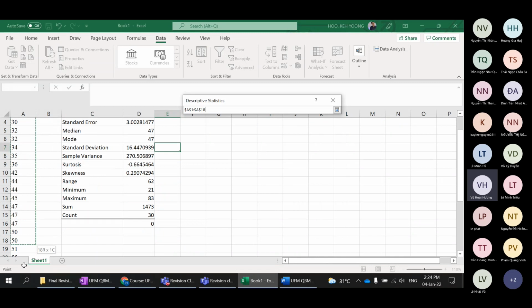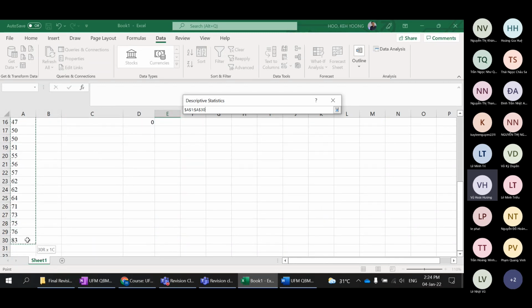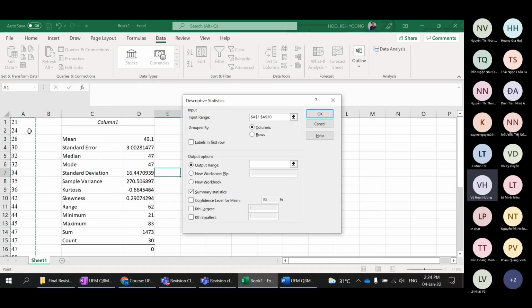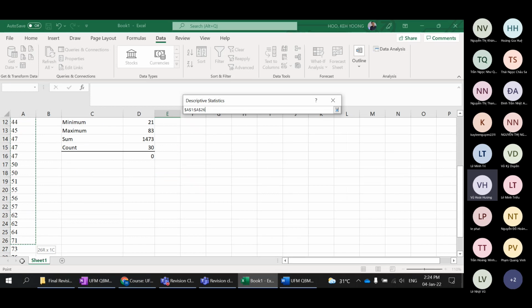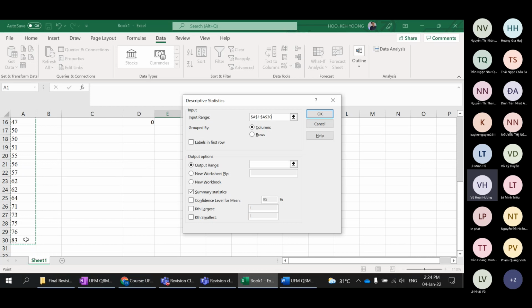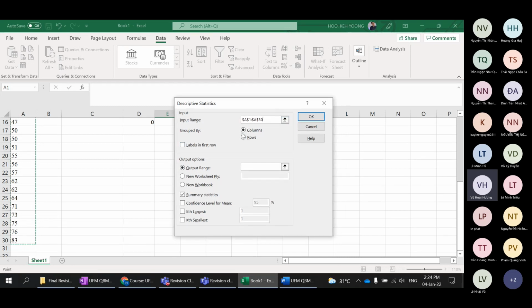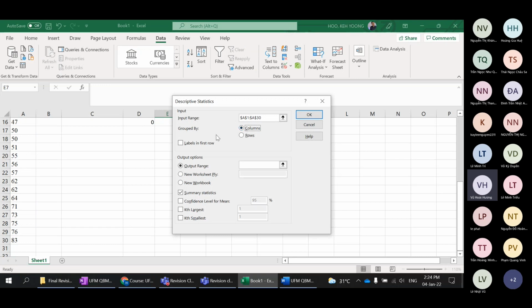Right now mine is under column A, so I click and drag. Use your mouse, click with the left button and don't let it go. Pull it down and it will select the 30 data, from A1 to A30. Group by columns.